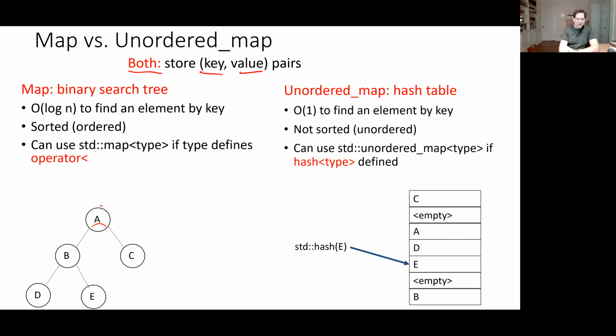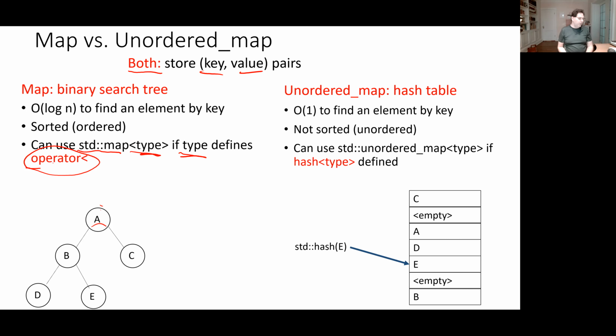And to use the standard map of some type, so if you want to put something in a standard map, that key type must define operator less than. Okay, so that's the rule to use map.